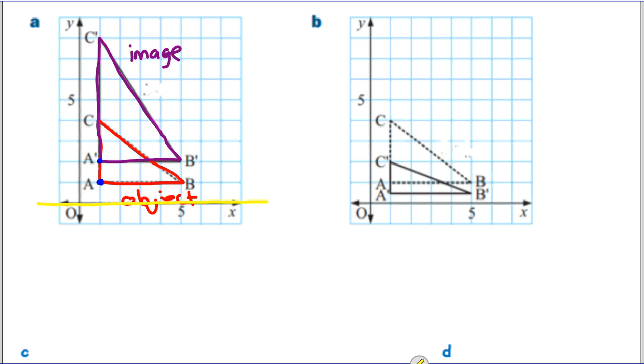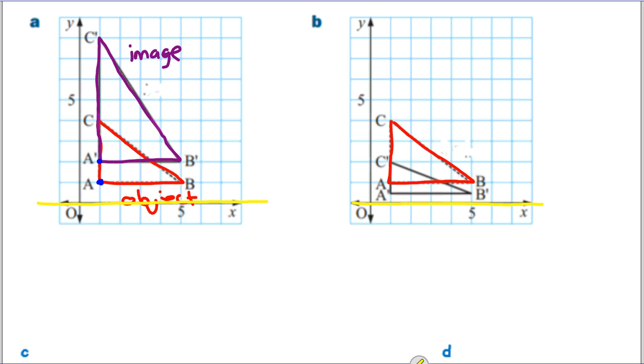If you look at both of these, the invariant line is actually just the x-axis for both of these, because they're not stretching out sideways at all, they're only stretching upwards. And when you look at the object, oops, sorry, the object in this case is a dotted line, ABC, here's our object. They're all stretching relative to that x-axis.